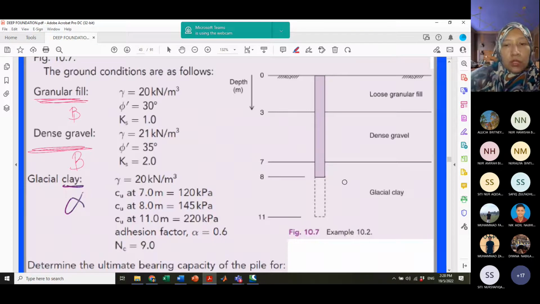When you look at this one, the end bearing of the pipe is located in the clay. So what we need to calculate, we use QB from the clay, not from the sand. Although the upper two layers are sand, you have to see where the bottom part is located, in the second layer or the third layer. For this example, the bottom part is located at the third layer.